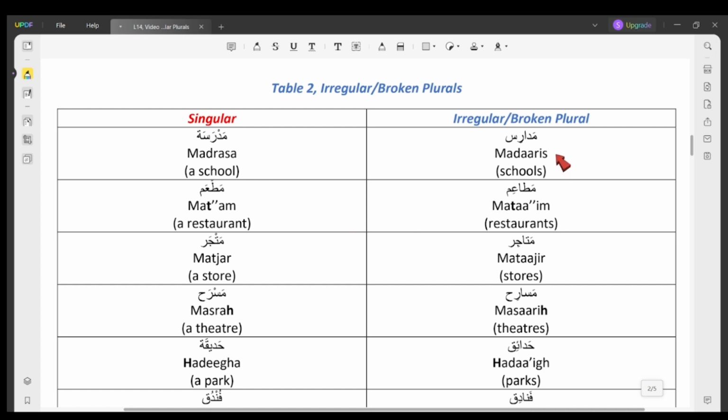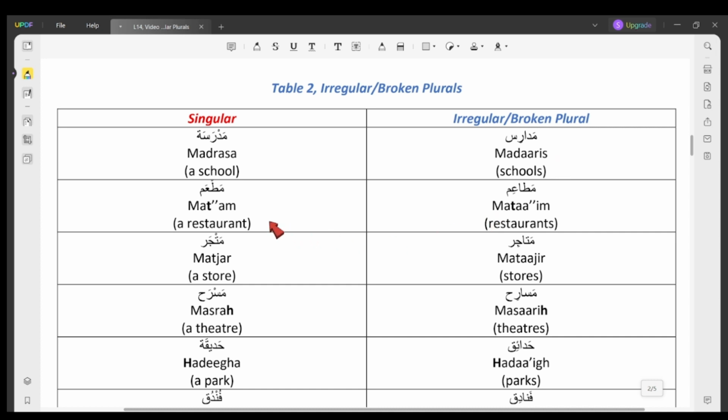And on the right, the irregular plural, madaris, meaning schools. As we can see, there is a similarity in sound between the two words madrasa and madaris. The letters are kind of the same, but the word madrasa changes a little bit and it kind of gets broken, if you will. And that's why we call it a broken plural.